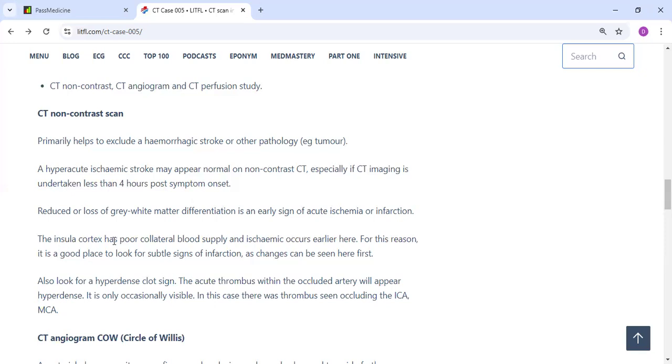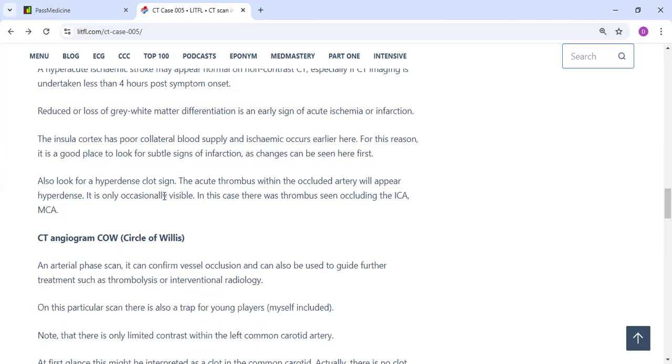The insular cortex has poor collateral blood supply and ischemia occurs earlier here. For this reason, it is a good place to look for subtle signs of infarction, as changes can be seen first. Also, you need to look for what?